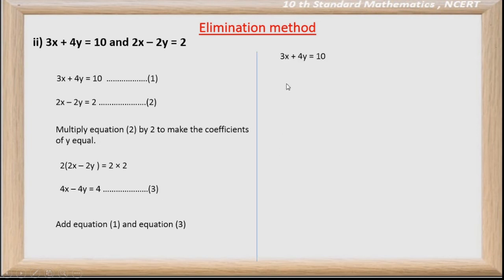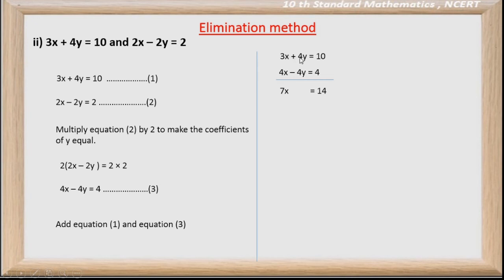Now we can add. How will we add? The first equation 3x plus 4y equal to 10, then the third equation 4x minus 4y equal to 4. Add the same variables. See here, 3x and 4x have the same variable x. So 3 plus 4 is 7x.